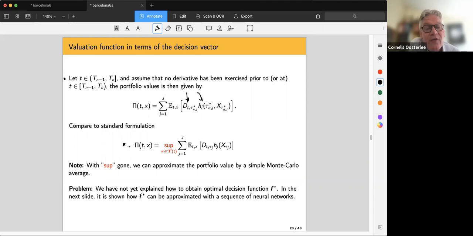Compare that to the standard formulation where the supremum is involved. The supremum is gone. Now we can approximate the portfolio value by a simple Monte Carlo.